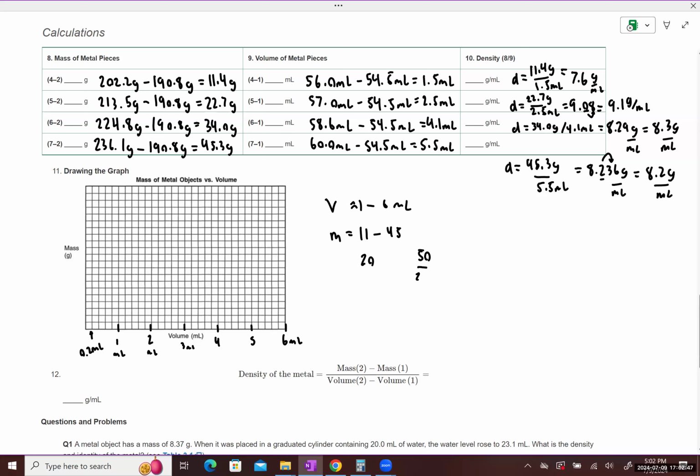And if we divide by 20, we see that each of these little marks are going to be worth about 2.5. So 5, 10, 15, 20, 25. These are all in grams, of course.